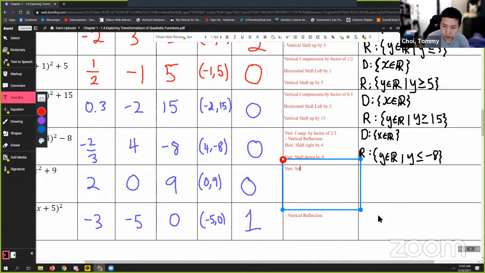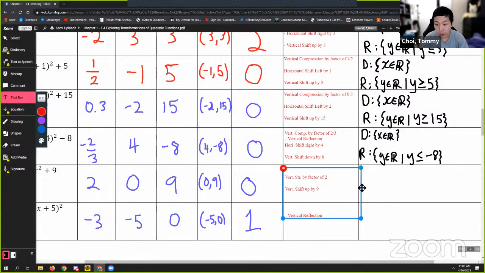Vertical stretch by factor of 2. There is no horizontal shift for this one. It was 0. So we just go straight to vertical shift up by 9. There's no reason to write horizontal shift. There was none.